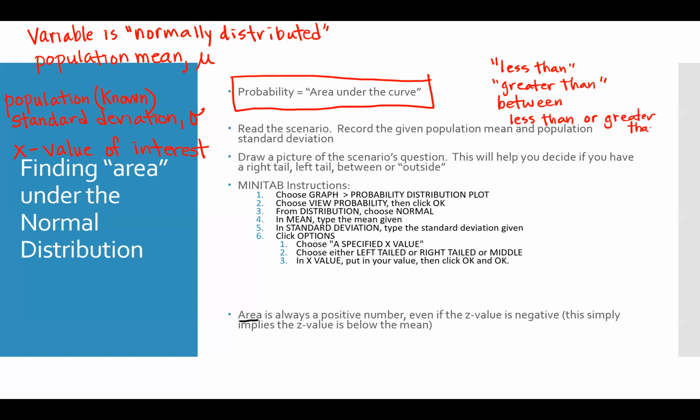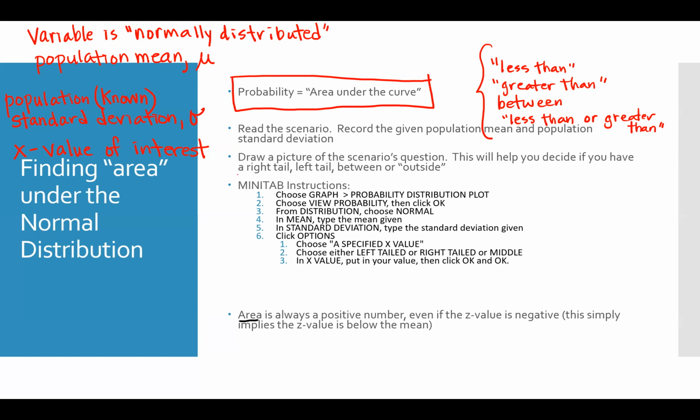You have to pay attention to the words, guys. The details are super, super, super important, because these words here are going to help you know which scenario to choose in Minitab. And we'll talk about what those scenarios are in just a minute.